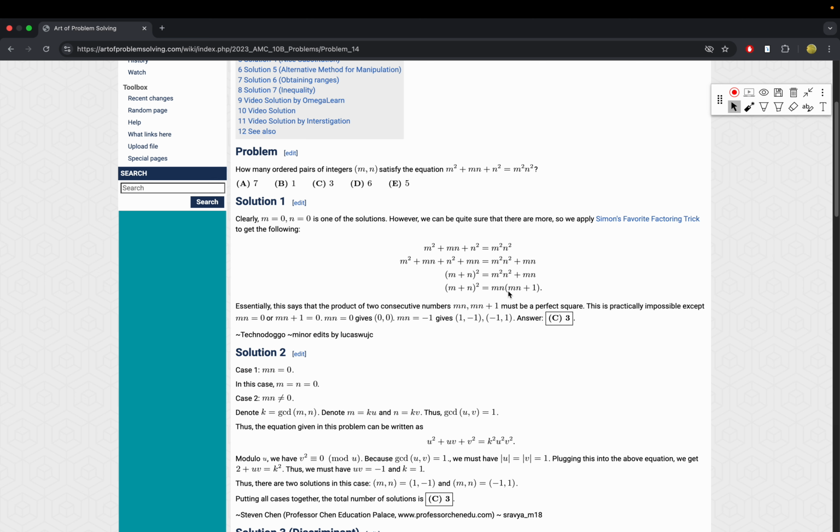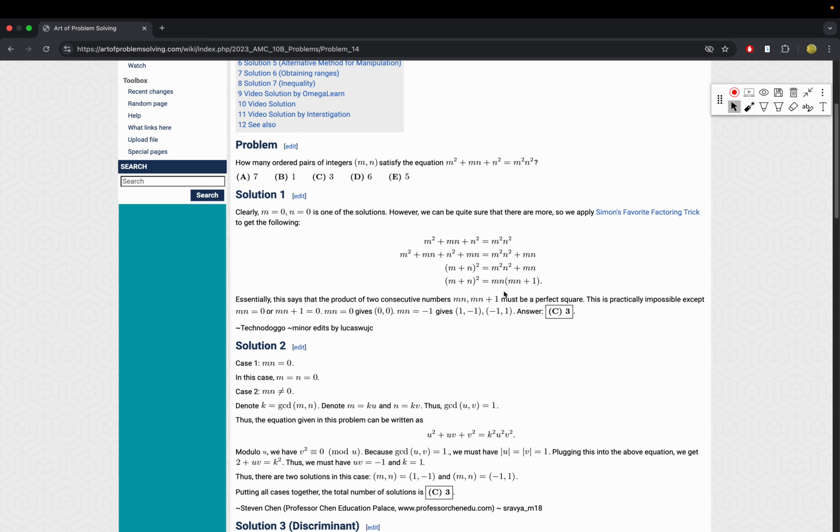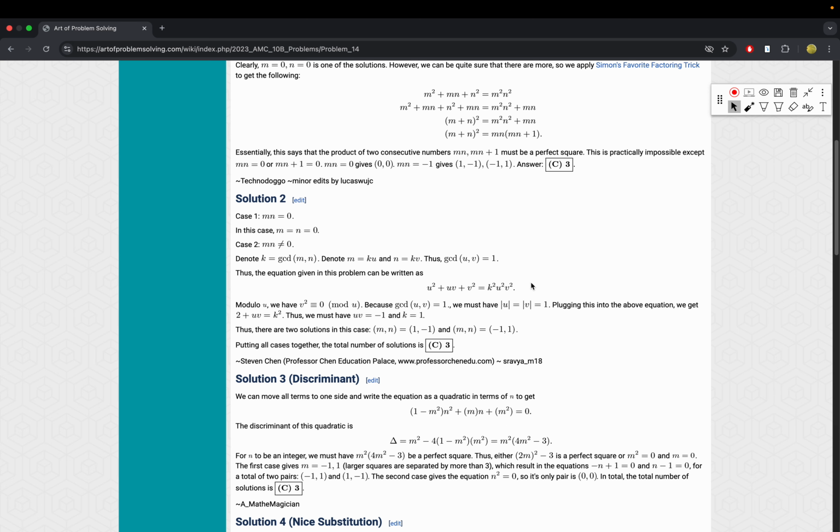I'm not sure if this, wait, M times, oh yeah, actually this solution is true.